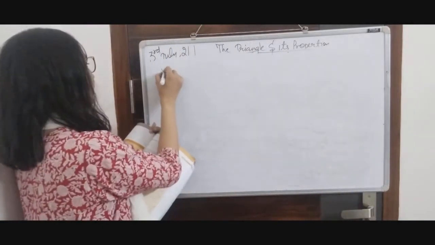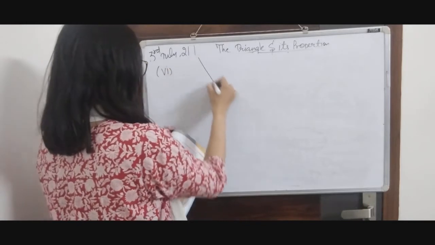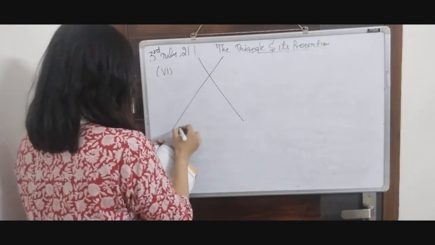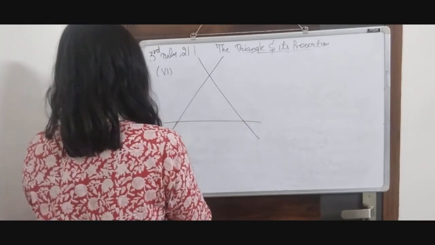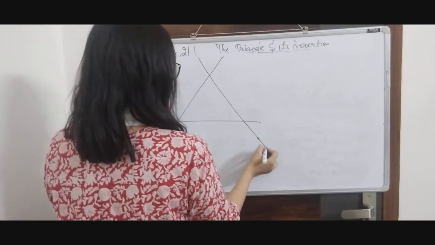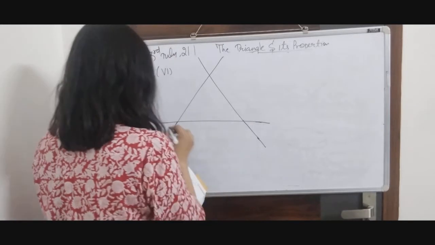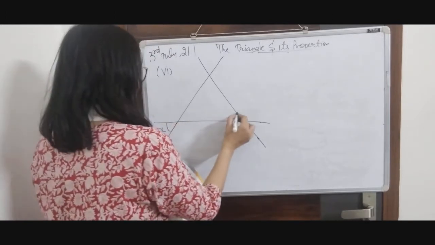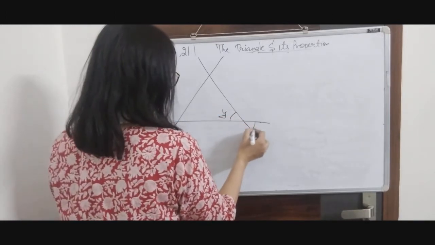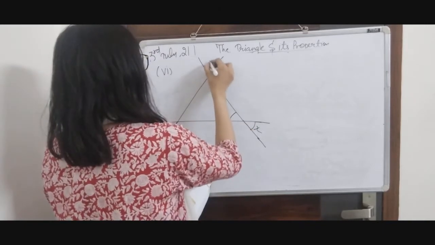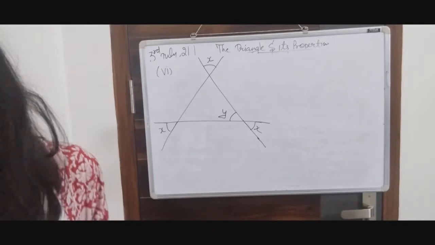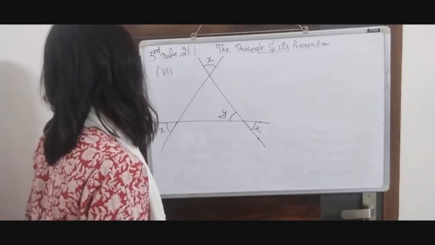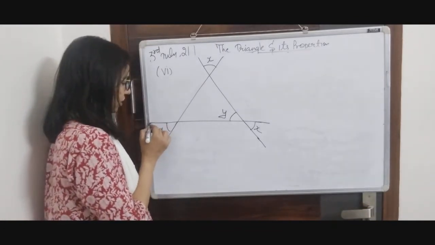So the sixth one is a diagram like this. This is x, this is y, this is x, this is x. We have to find out the value of x and y.